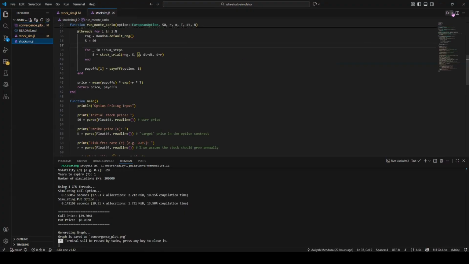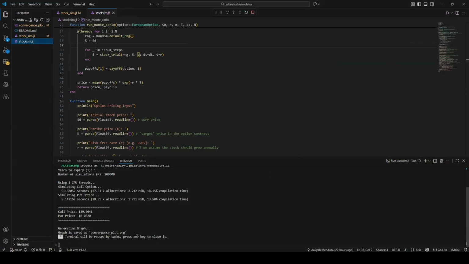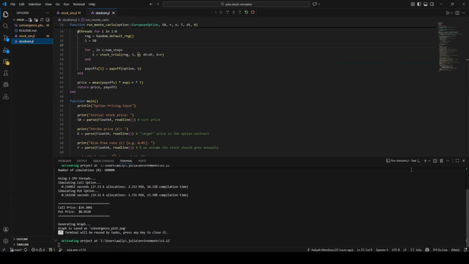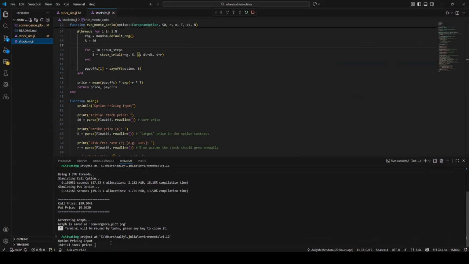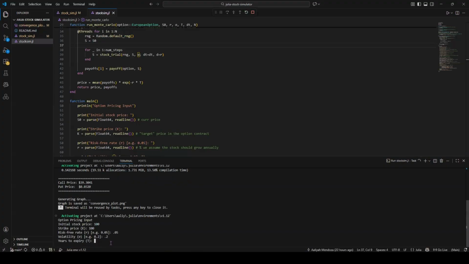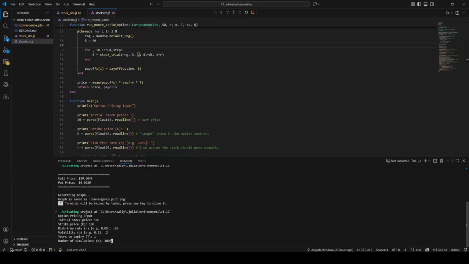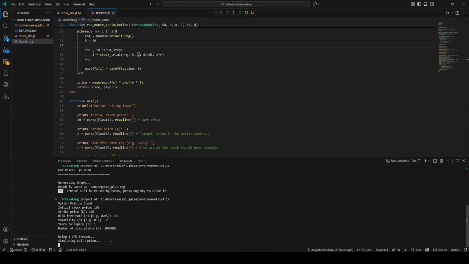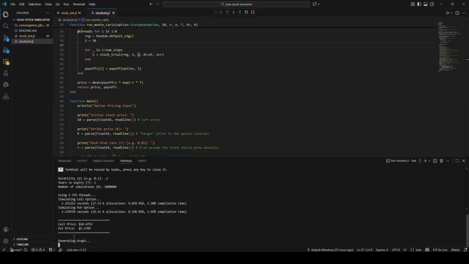So we can run this one more time with different inputs. We can do inputs similar to the first program, over a million simulations, and it should be very similar to what we got.